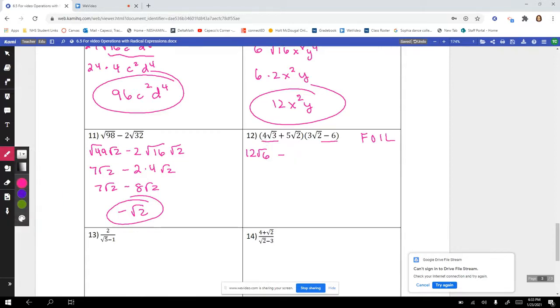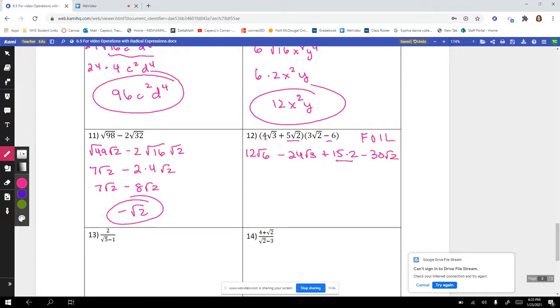So 4 times 6 is going to give me negative 24 root 3. And then my inside is going to give me plus 15 root 2 times root 2, which gives me 2. And then my last terms, I have 5 root 2 times negative 6. That gives me negative 30 root 2.